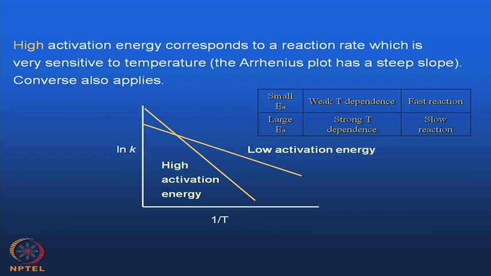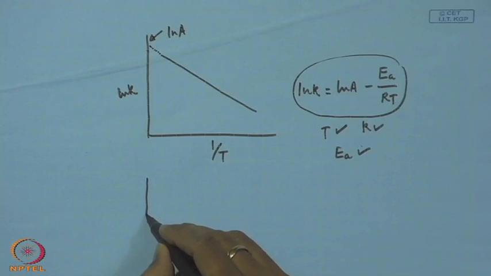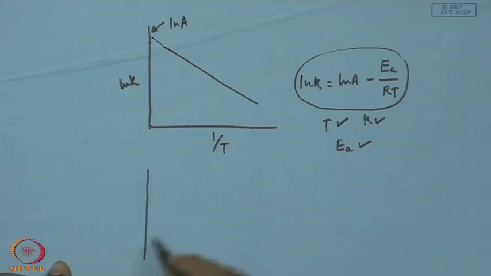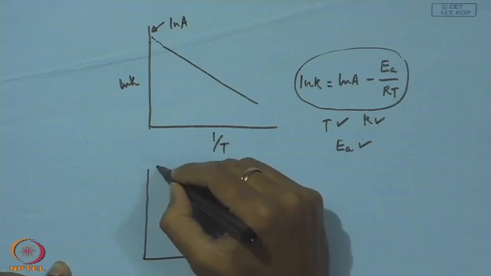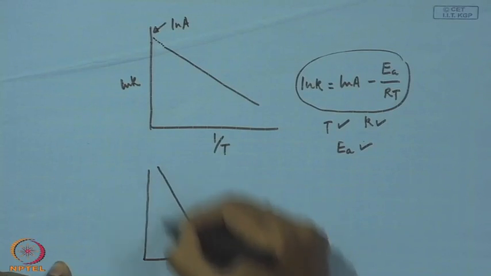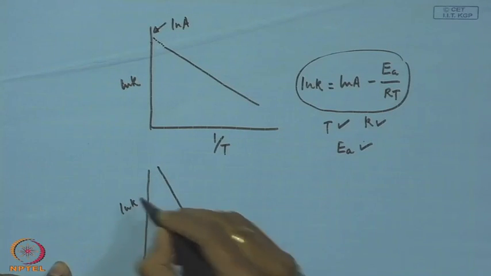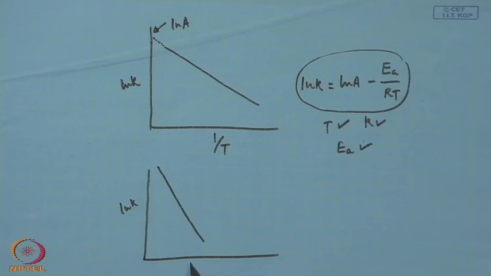So, that is why high activation energy corresponds to a reaction rate which is very sensitive to temperature. Okay. So, in that case the corresponding Arrhenius plot has a very steep slope. That means it is like this, maybe something like this, or maybe even steeper. So, ln k versus 1 upon T, it is a very steep one.